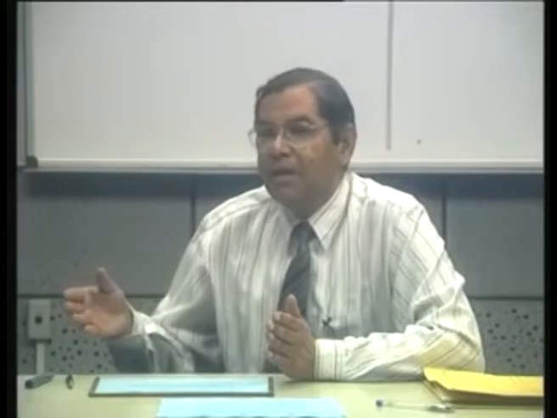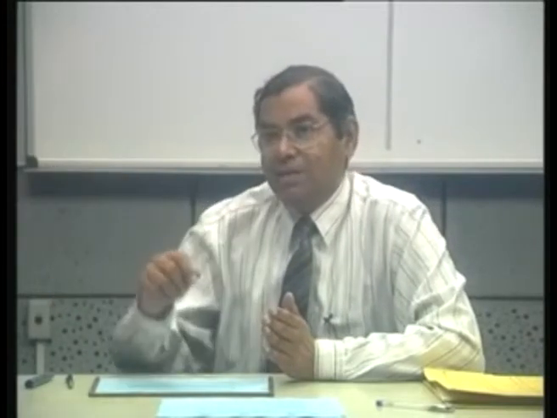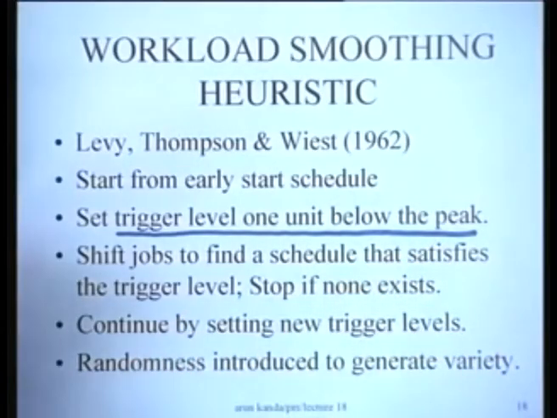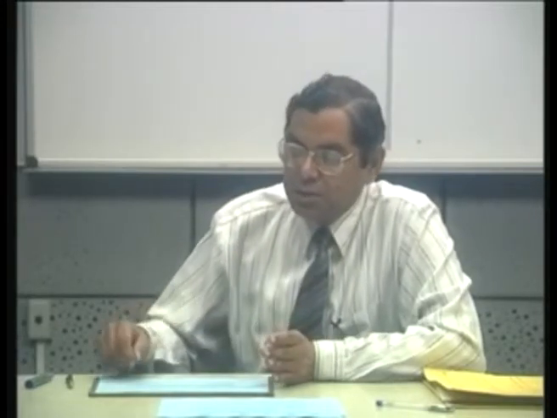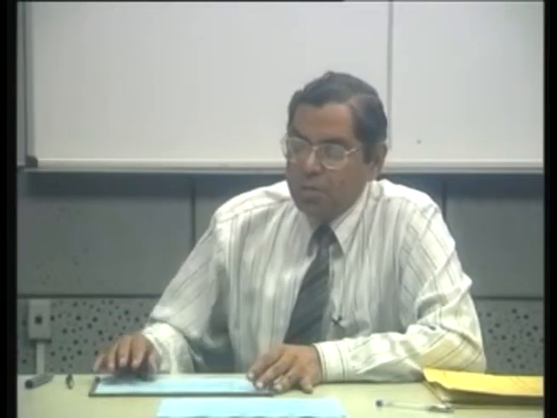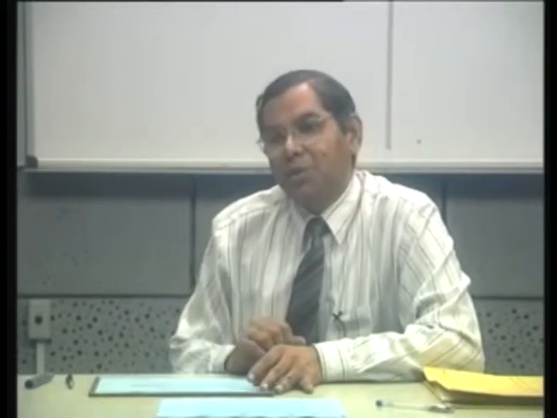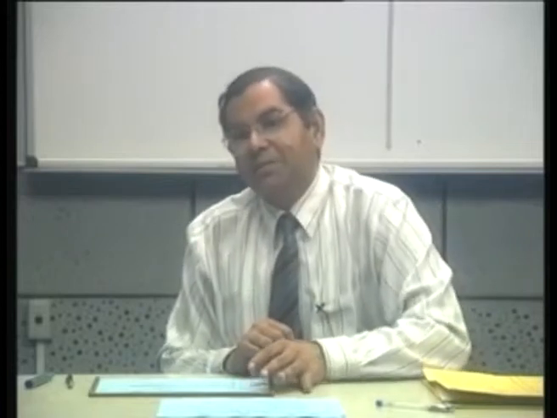But it's not necessarily true that shifting those jobs will necessarily give you a schedule, because shifting one job from here to there could create a new peak somewhere else. And the advantage of the trigger level is that we don't want to exceed the trigger level at that particular point. So all schedules which give you peaks above the trigger level are actually ignored, and only if you find a solution which gets you a schedule below the trigger level, you store that solution. That's the basic idea.